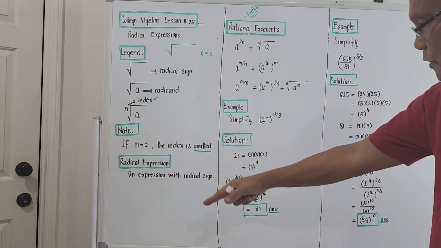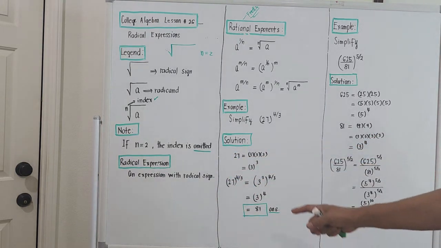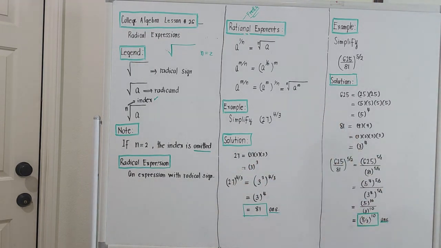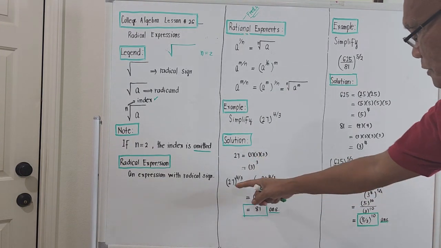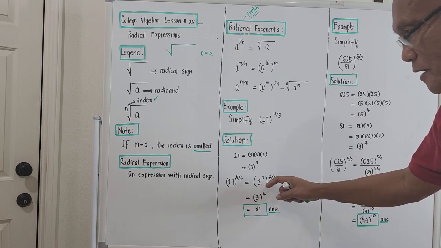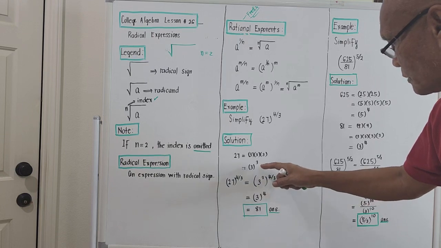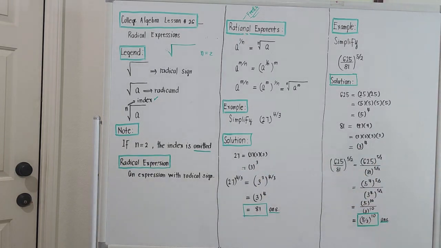So 27 raised to the 4 thirds should now be equal to, instead of writing 27, we will write the value of the radicand inside, 3 to the third power, raised again to 4 thirds, right?